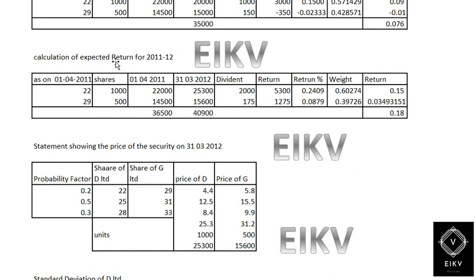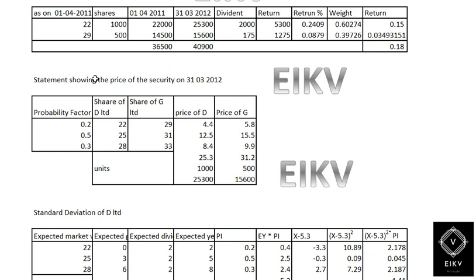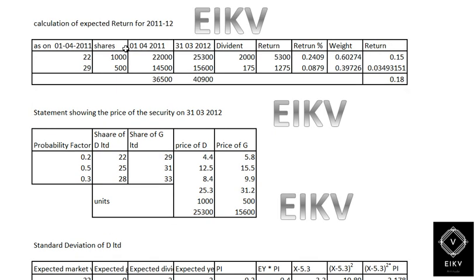Now the statement showing computation of return for the year ended 31/3/2012. For the computation for the year ended 31/3/2012, the market price per share on 31/3/2011, that is the invested amount, would be 22 and 29.